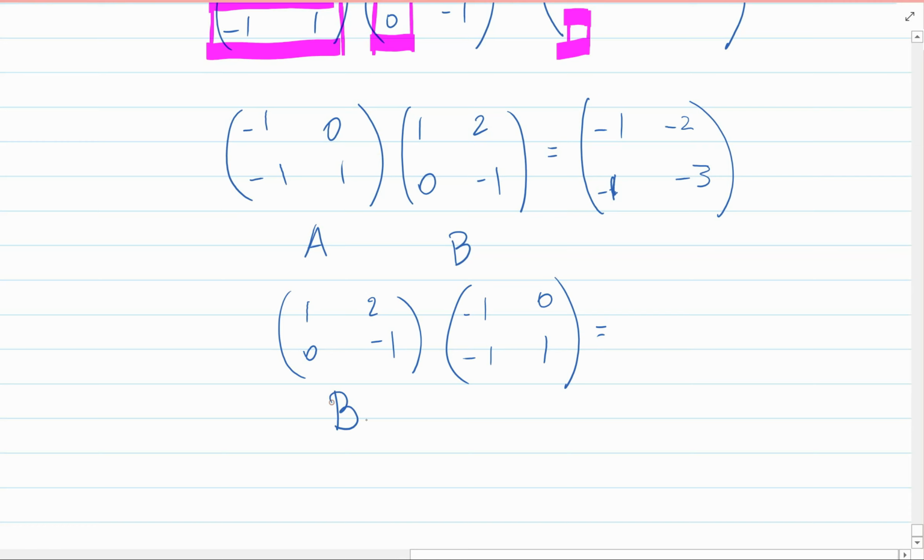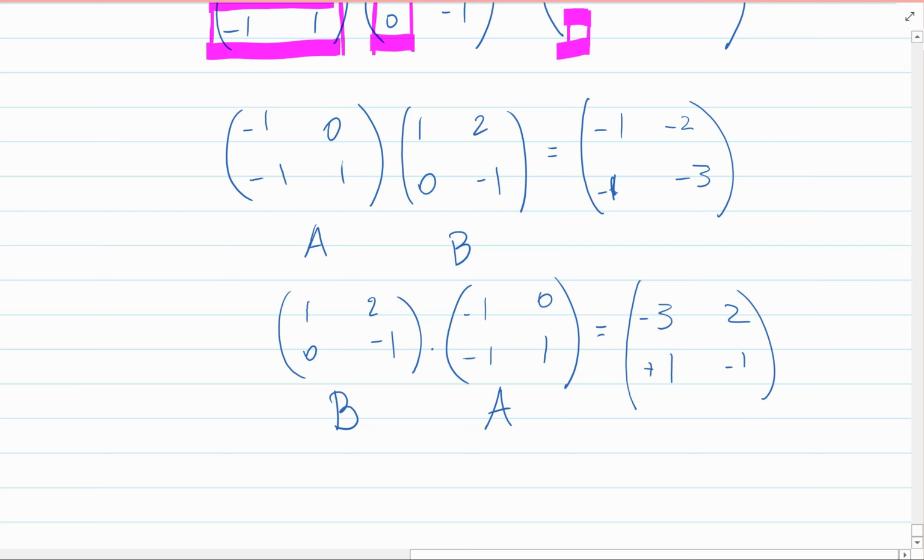Okay, so I'm doing B times A. So what do we have? Again, we will take the first column of A times the rows of B. So we get minus 1, minus 2, minus 3. Minus 1 times 0, 0, plus 1, and then 0, 2, and then 0, 1, minus 1.